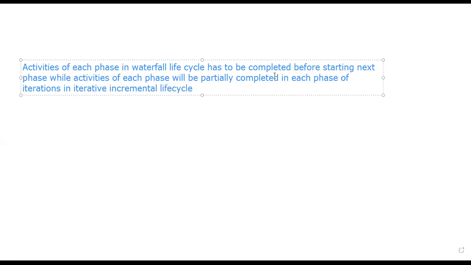So that is the main difference, right? Activities of each phase in waterfall life cycle have to be completed before starting the next phase, while activities of each phase will be partially completed in each iteration in the iterative incremental life cycle.